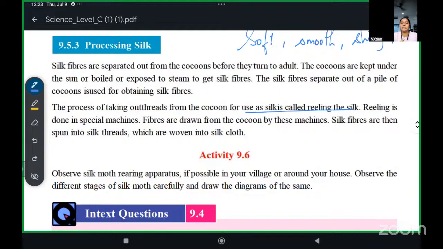Fibers are drawn from the cocoon by machines as well. Silk fibers are then spun into silk threads, and these silk threads are woven into silk cloths. This is how processing of silk takes place.